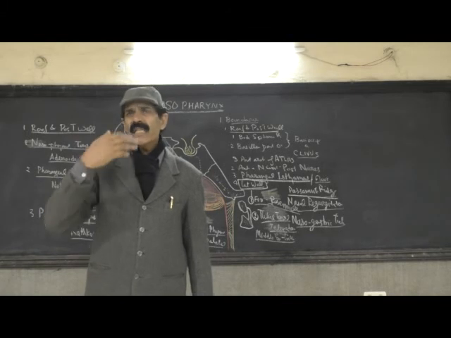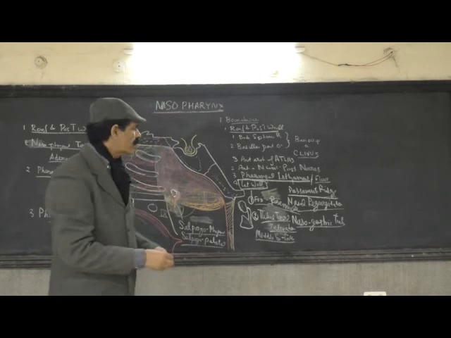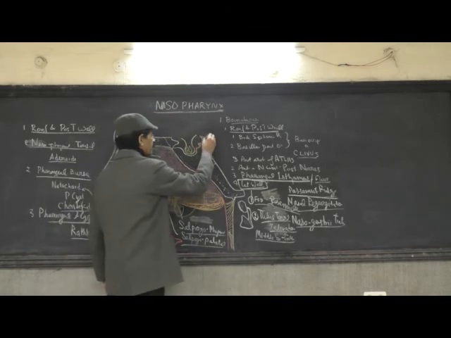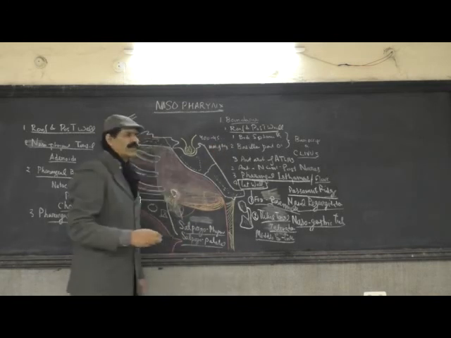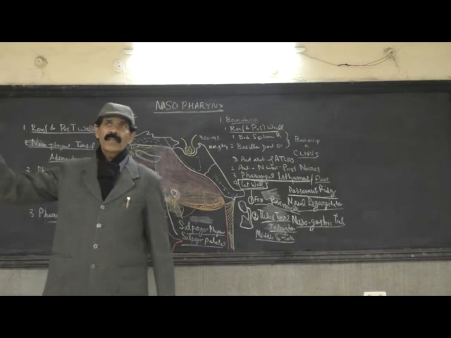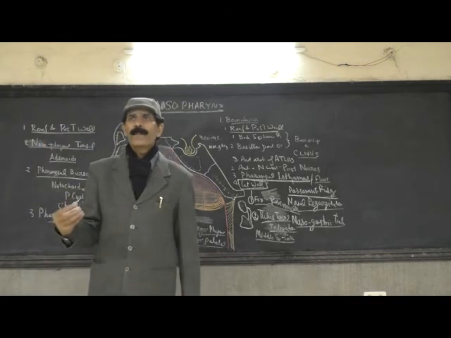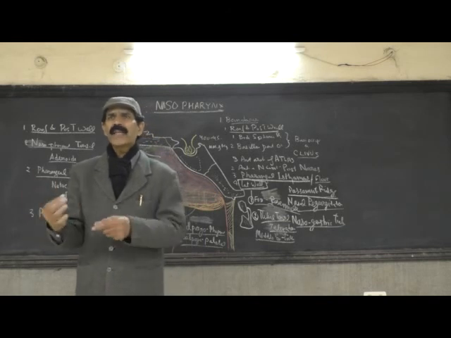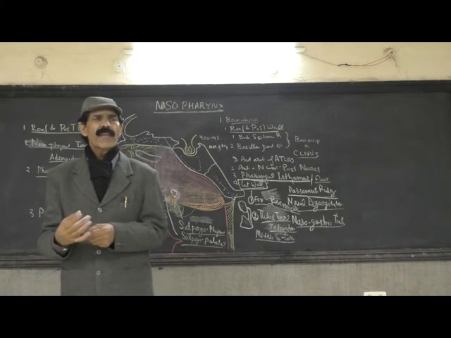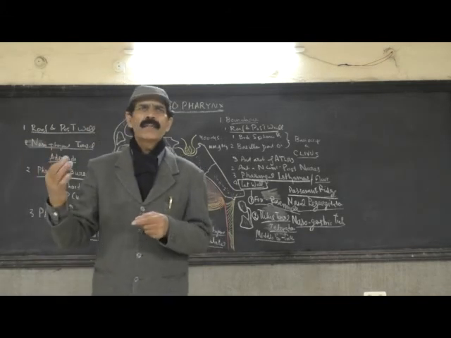And the pressure inside the eustachian tube or the tympanic cavity is about 400 to 450 mm of mercury. So high pressure and low pressure, it equalizes, that is the function. So air is trapped inside the normal tympanic cavity, and there will be proper function of the tympanic membrane.